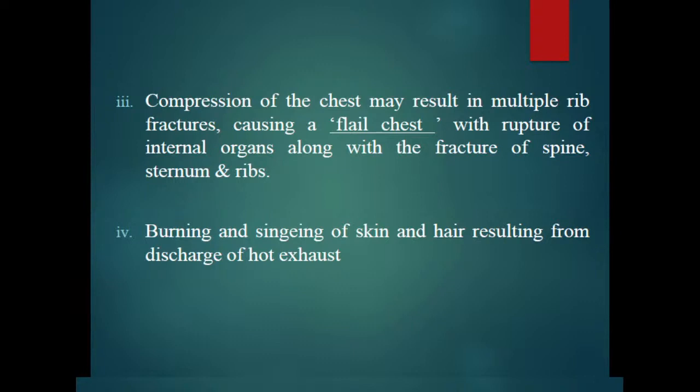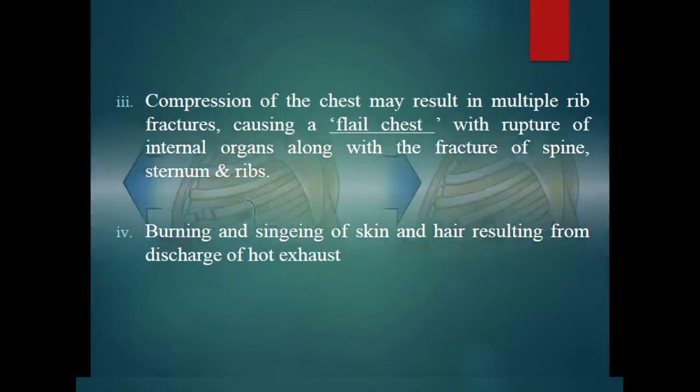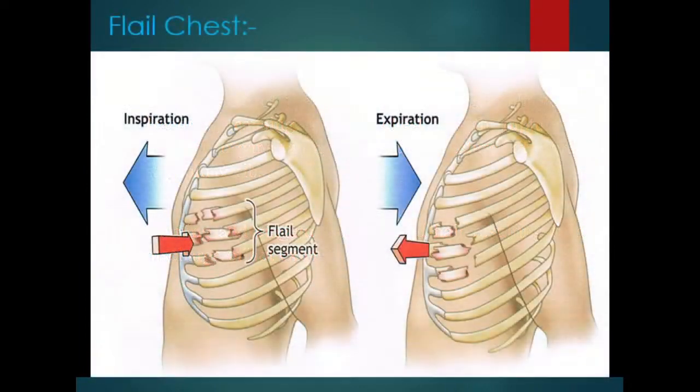At the same time, we see smashing and crushing of particular parts of the body. Flail chest might be seen, flattening of the head, depending on the area of run over. A flail segment is seen when a few ribs are damaged almost at the same level.